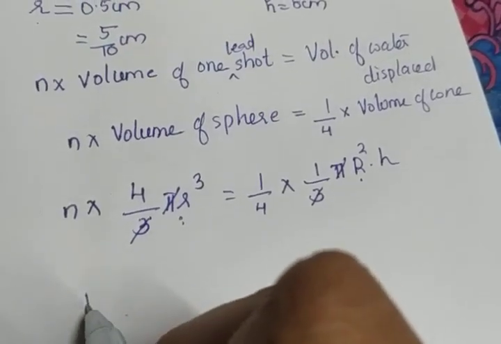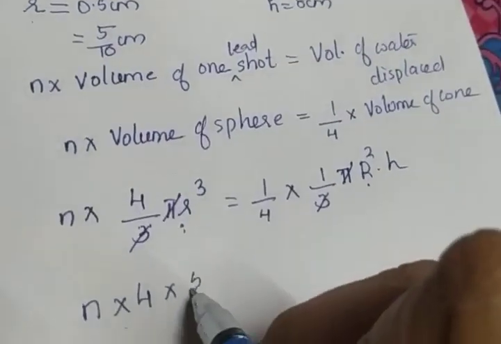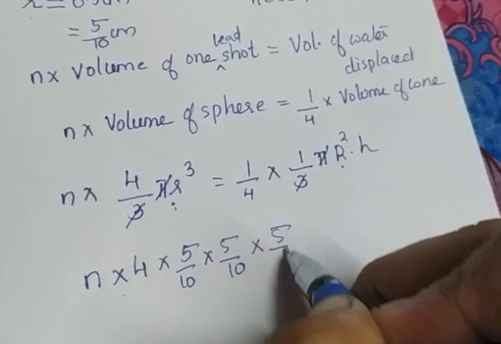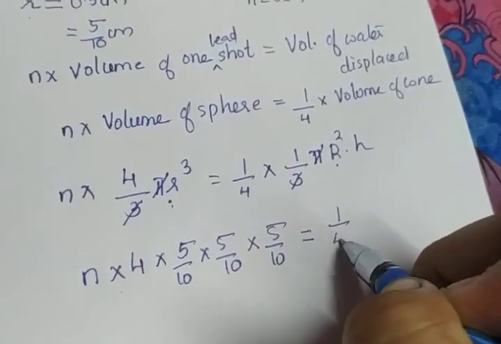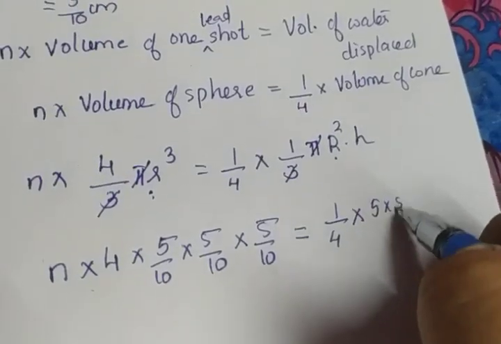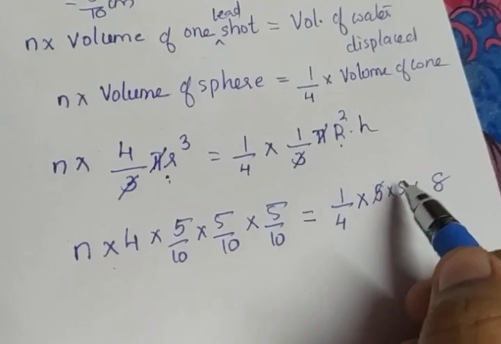Substitute the values; n is what we have to find. 4 into, what is r? 5/10. r cube will be 5/10 into 5/10 into 5/10, is equal to 1/4 into capital R, what is capital R? 5. 5 into 5 into height, which is 8. Okay, simplify the terms. There are two 5s on the right side.